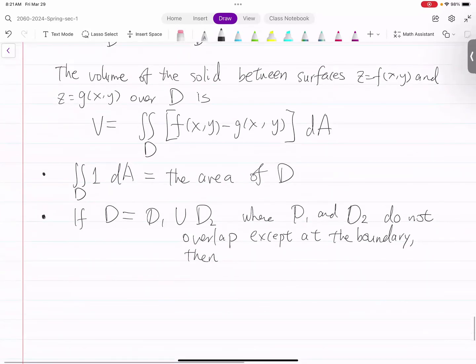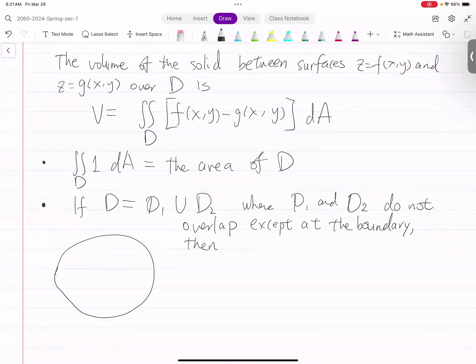But here, let me quickly draw a region D that can be split into two pieces. Basically, we just want to make sure that the two regions only overlap at the boundary. As an illustration, this is region D1, this is region D2.